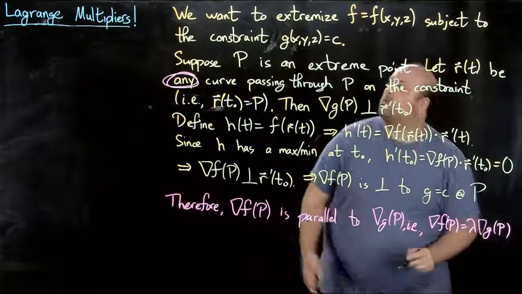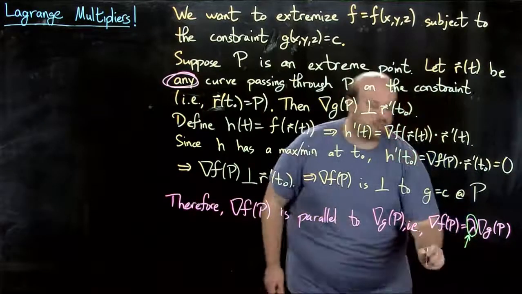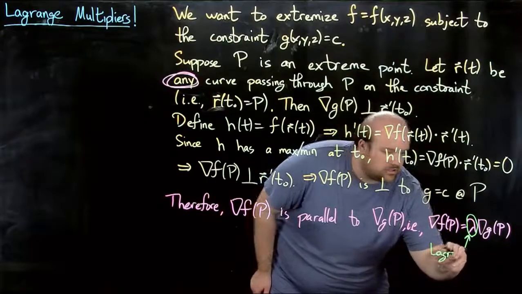This lambda is called a Lagrange multiplier, and it's where this section gets its name.